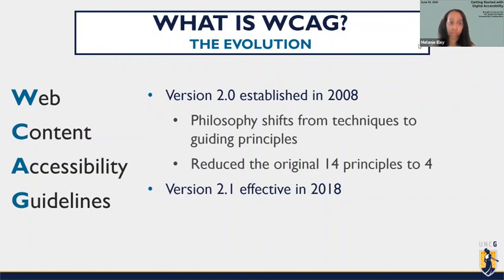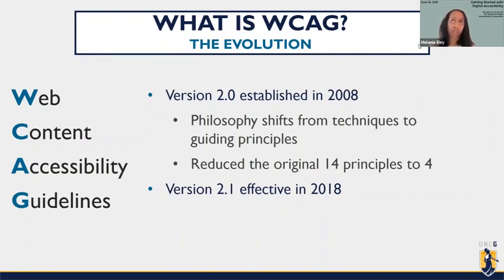All of the information, or the guidelines, that were there in 2.0 still exist in 2.1. They did expand and added 17 additional success criteria, which focused more on accessibility within mobile devices. The majority of those criteria focused on mobile devices and accessibility there.